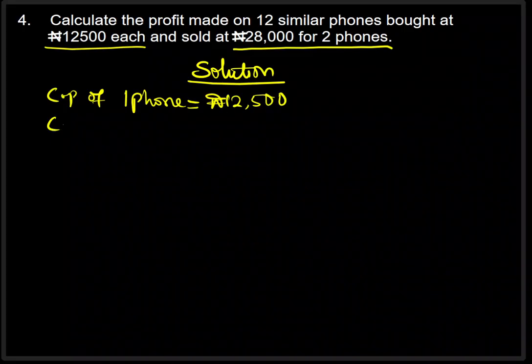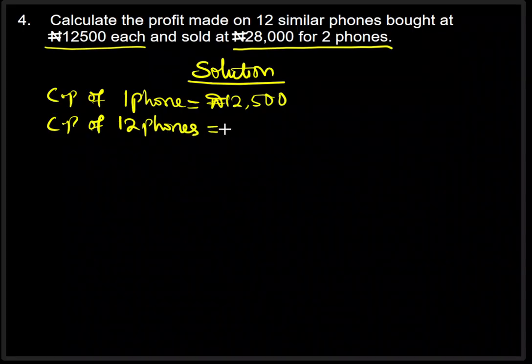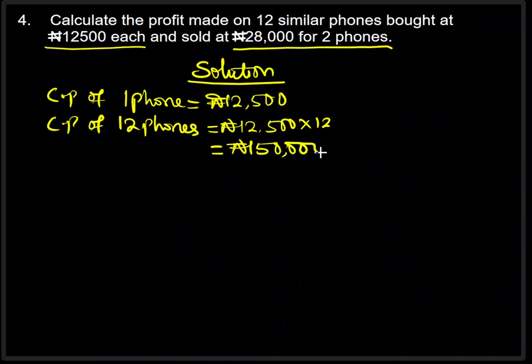All right, and then the cost price of 12 phones, because we have 12 similar phones, will be equal to 12,500 times 12. All right, so when we multiply that, our cost price for the 12 phones will give us 150,000.